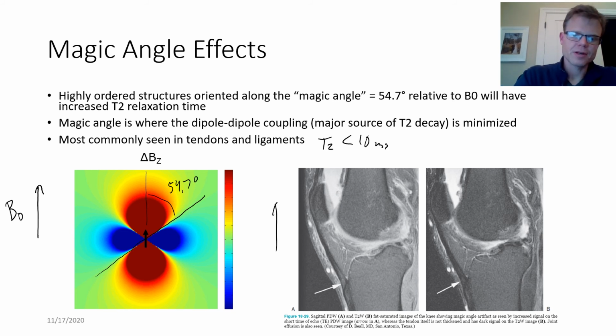Similarly, this is the direction of the B0 field in this image. And as this tendon is coming down, you can see right in this part of the tendon, it's at approximately this magic angle.